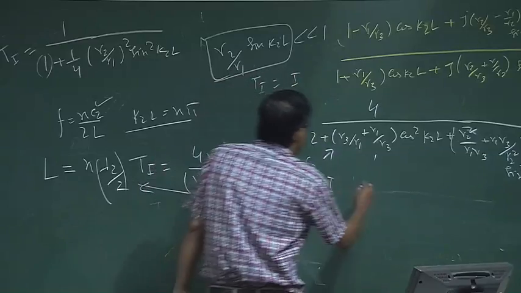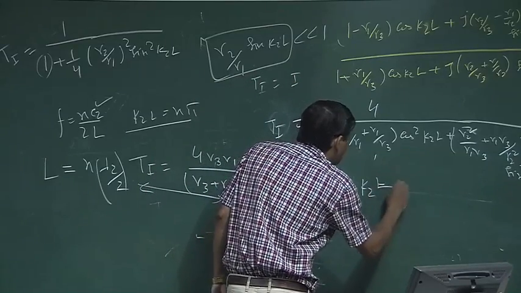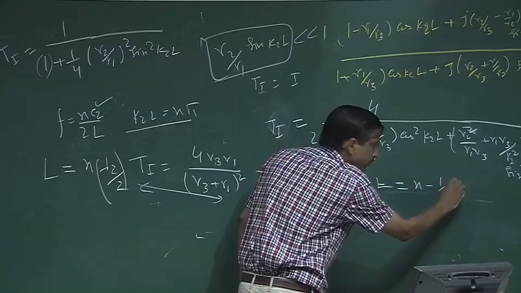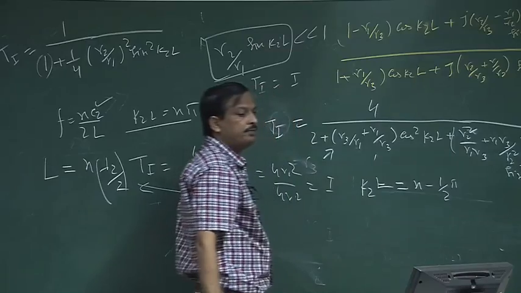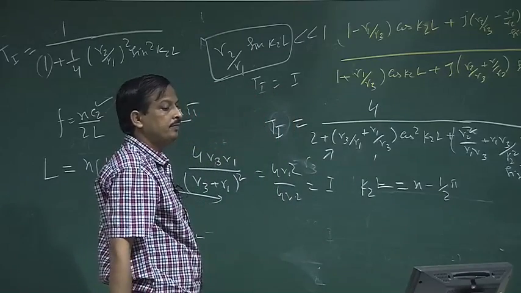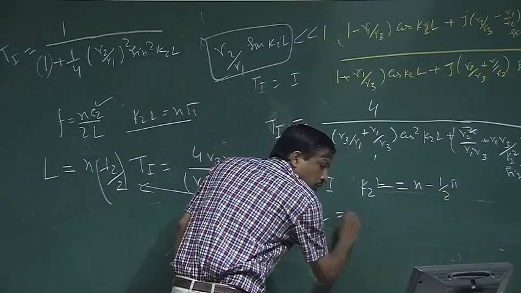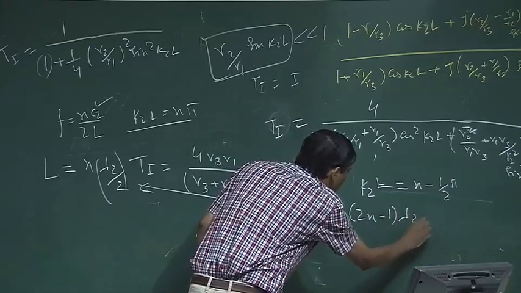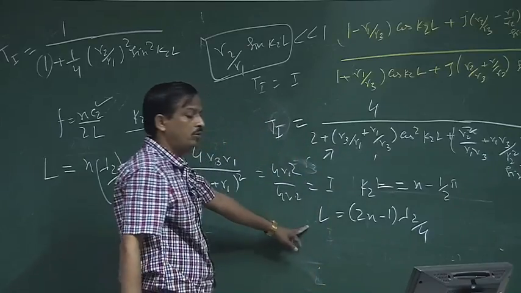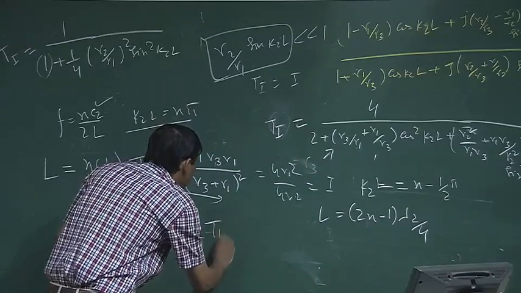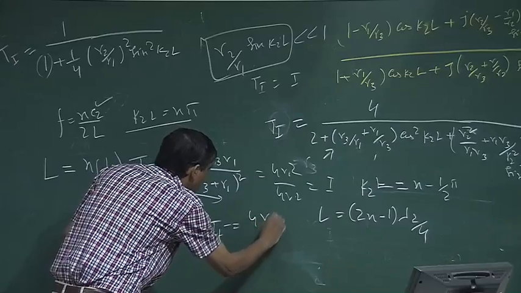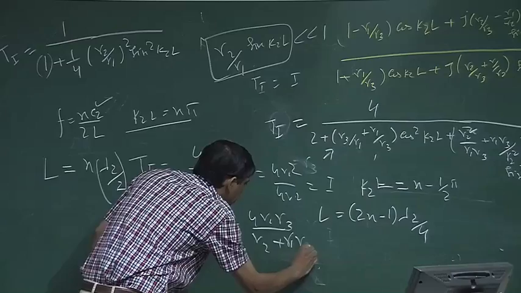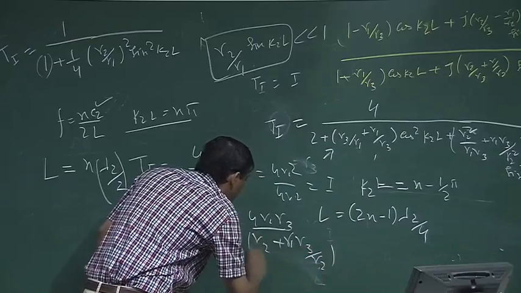Similarly, if K2L is equal to n minus half pi, or L is equal to 2n minus 1 into lambda 2 by 4, then Ti will be 4 R1 R3 divided by R2 plus R1 R3 divided by R2 whole square.